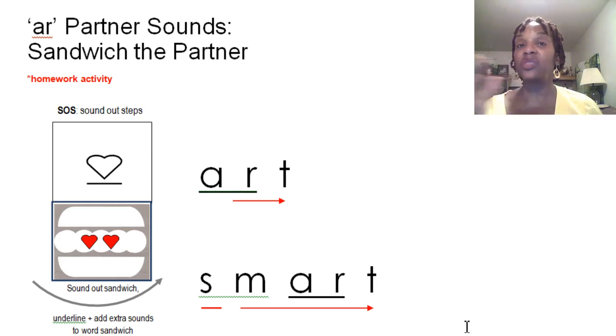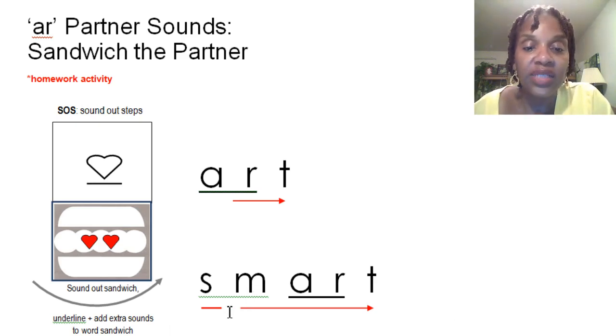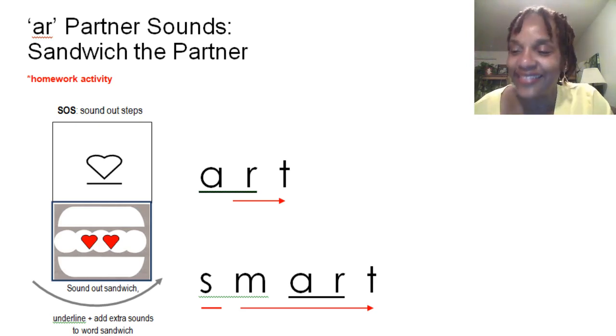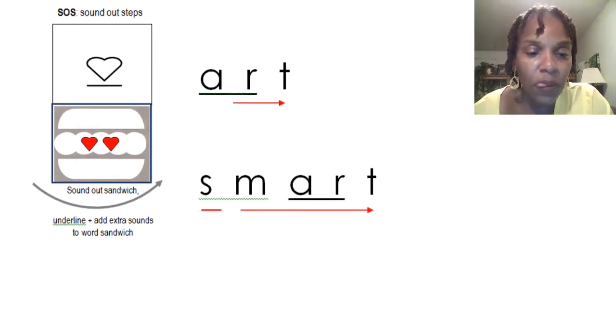We'll deal with the extra sounds later. Mart. But look what's happening here. There's an extra S sound. What sound does the letter S make? S. So we know the sandwich is mart. We're going to add the S sound to mart. You get what? Smart. You're so smart. Good job, good job, good job.